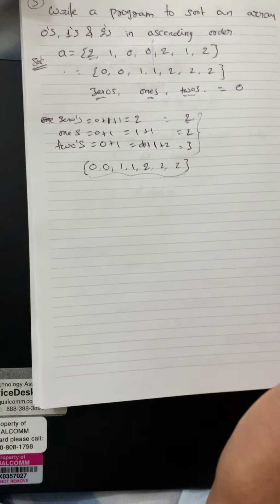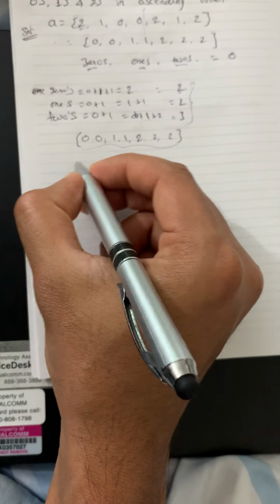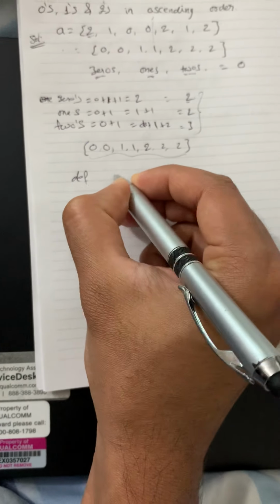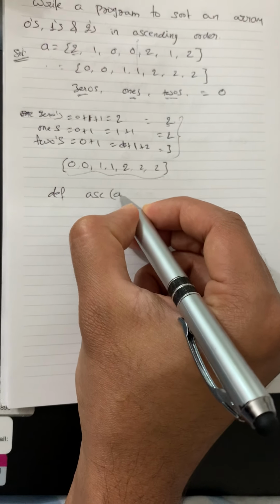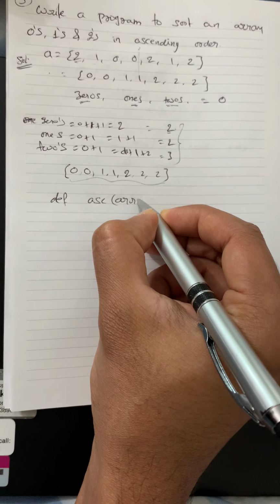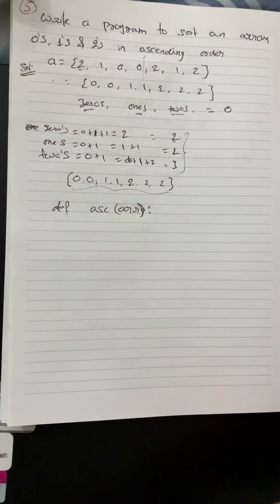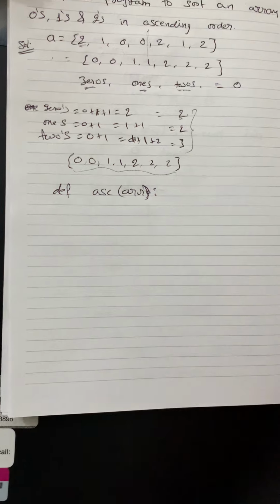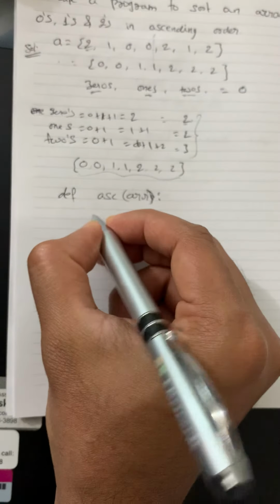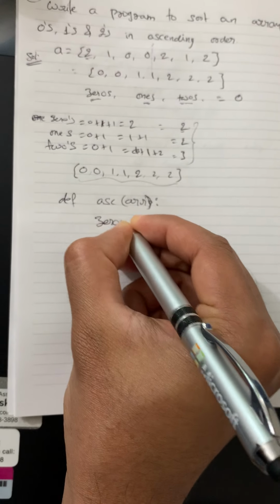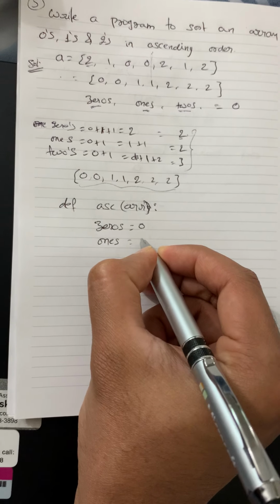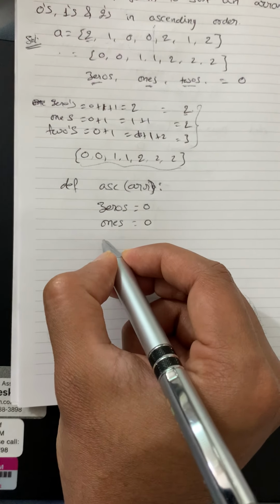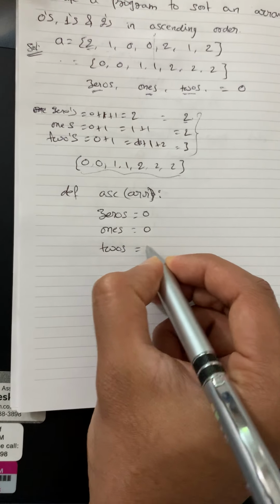So the pseudocode looks like this: we'll have a function called ascending. It's going to take an array, I'll just call it arr. Like I said, I will be taking 3 variables: zeros equal to 0, ones equal to 0, twos equal to 0.